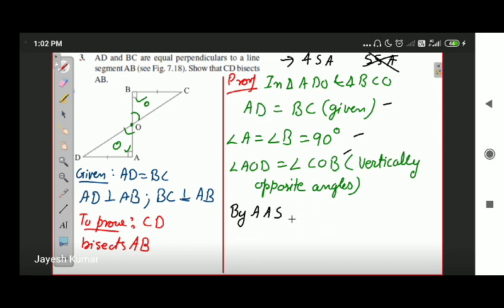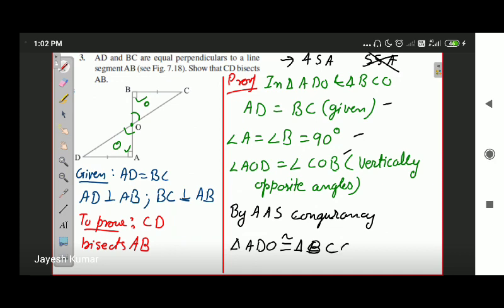By AAS congruency, both the triangles are congruent. Triangle ADO is congruent to triangle BCO.